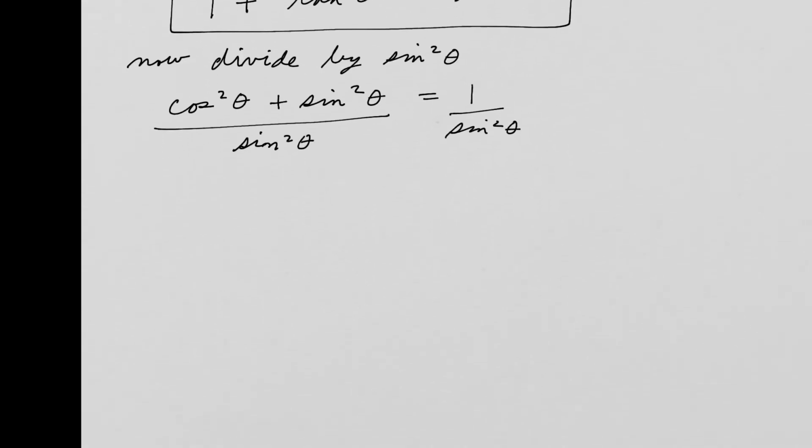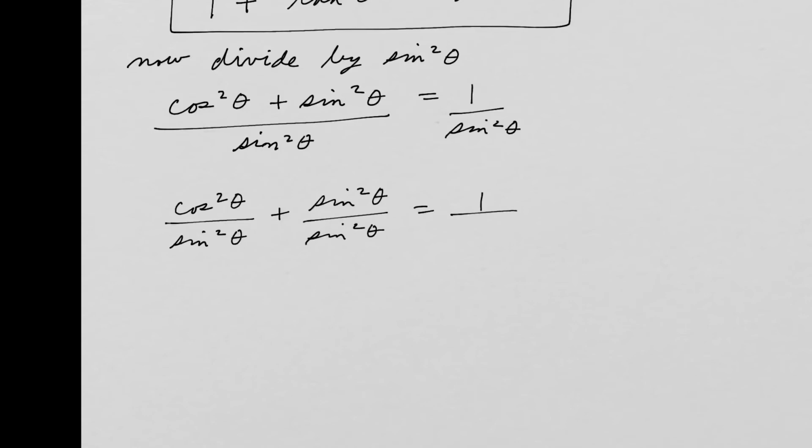And what's going to happen in this case is I'm going to get cosine squared of theta over sine squared of theta plus sine squared of theta over itself equals 1 over sine squared of theta.